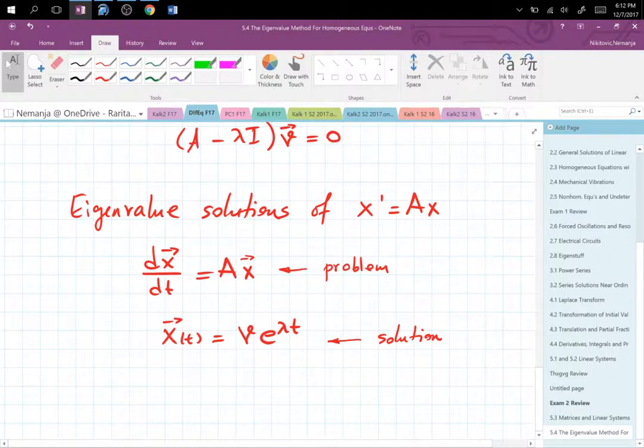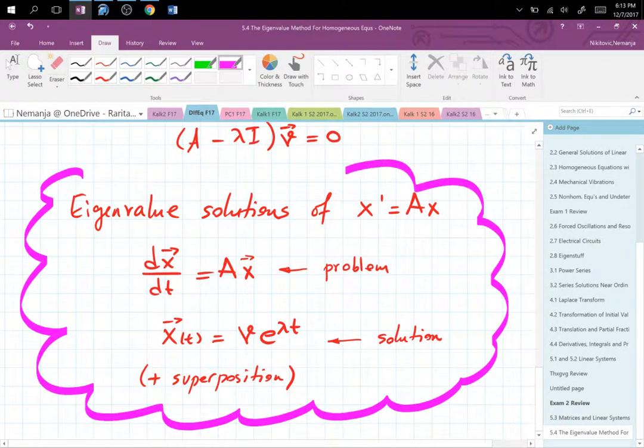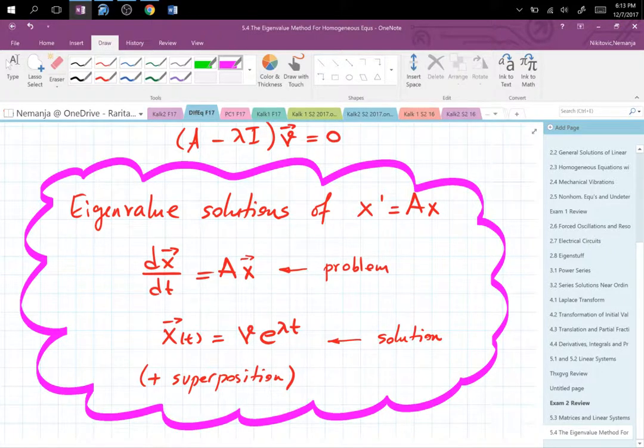And then you have, I'll just say plus superposition. Because you are going to have multiple lambdas and you will have multiple solutions here, but we'll get there. So I'm going to put this on a cloud. There we go. Your job is to find eigenvalues and eigenvectors, and then you just put the solution together. It goes like this. There are no combining equations and dealing with the second order and characteristic equations. None of that stuff.